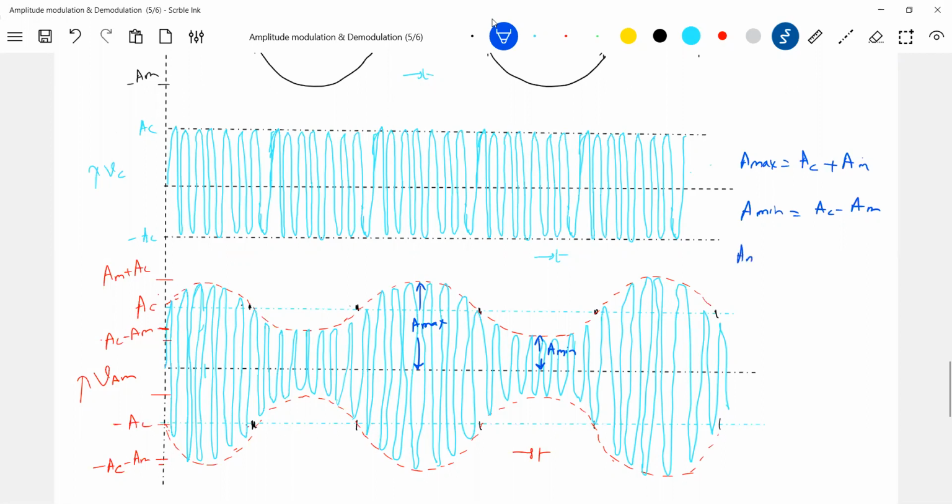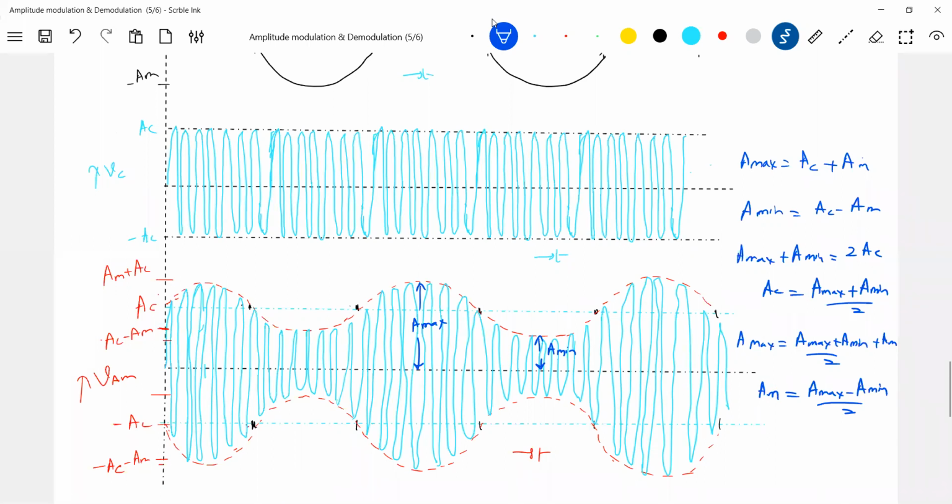I'll add these two: A max plus A minimum equals 2AC. So AC is equal to A max plus A minimum by 2. This value of AC I'll substitute in either one of the equations. A max equal to... if I solve this, I'll get AM is equal to A max minus A minimum by 2.